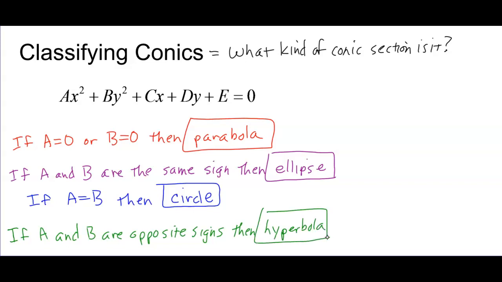The way I've described the rules here is a fairly practical way to describe them. That's probably how, when you're looking at the equation, you're going to make your judgment call about which type of conic section it is.